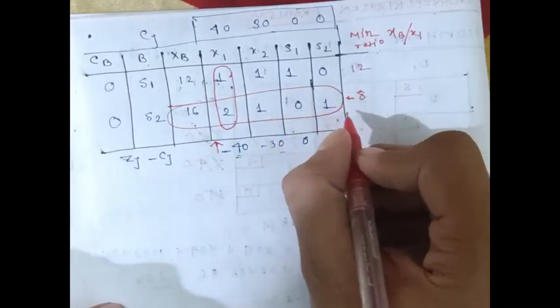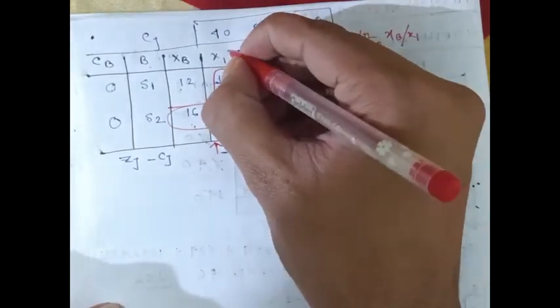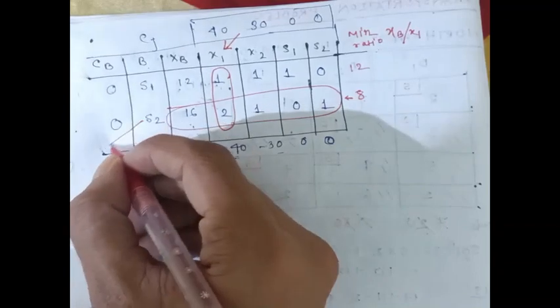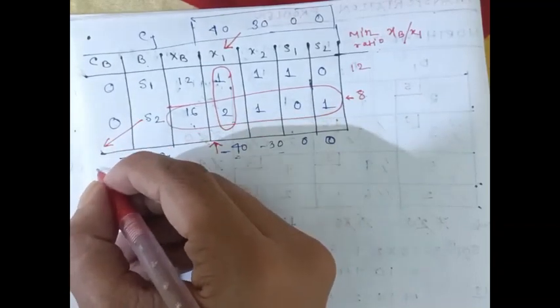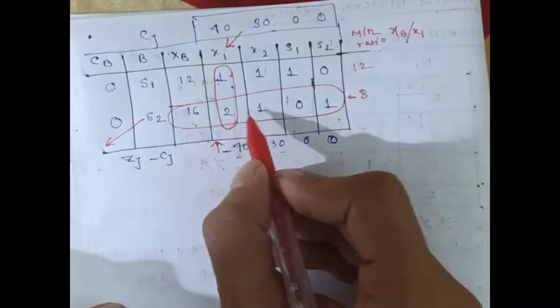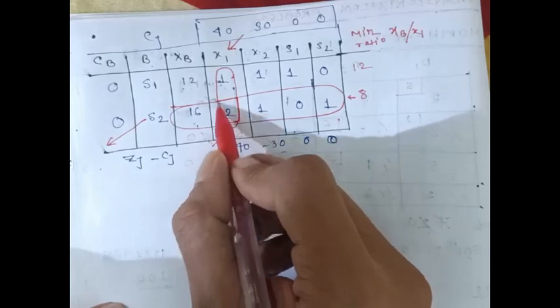This is our key row and this is our key column. x1 is the incoming vector and s2 is the outgoing vector. And 2 is the key element.